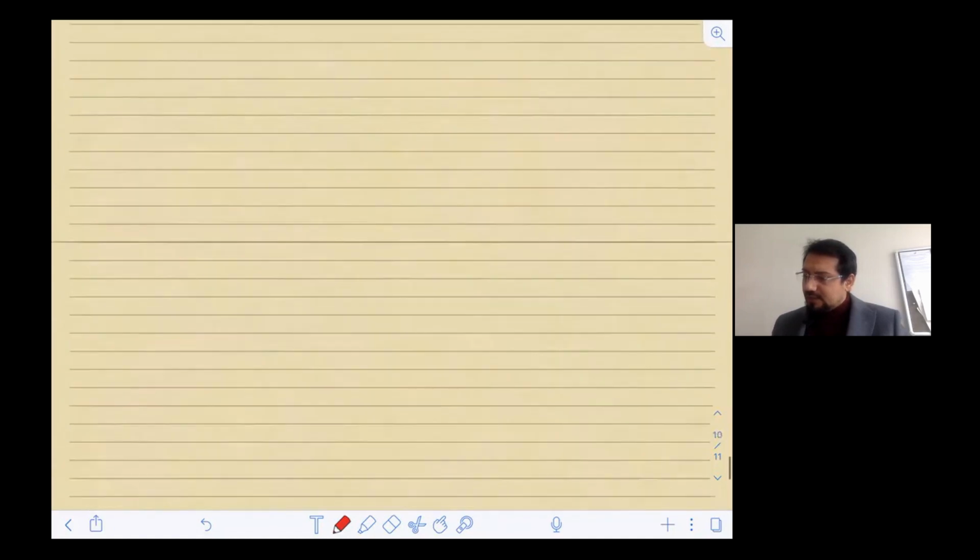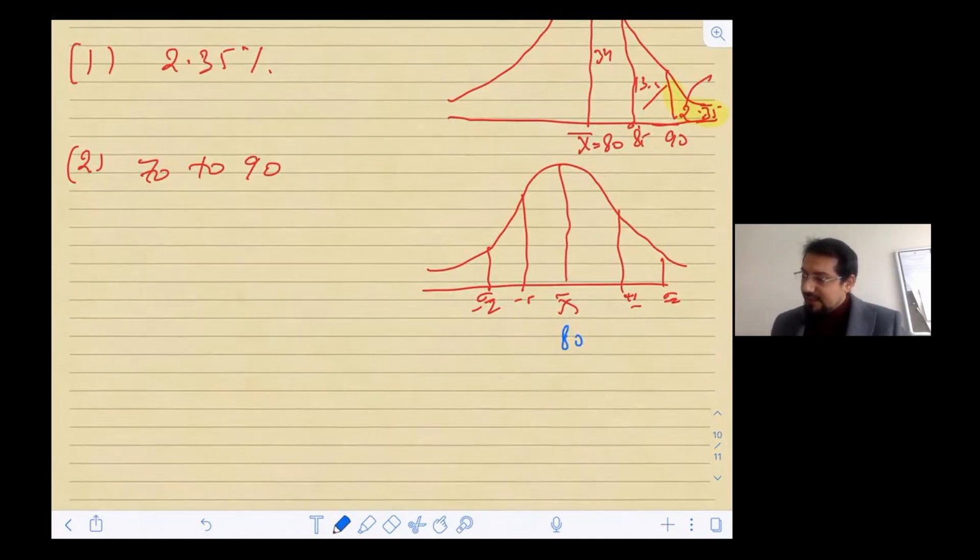So again, I'm going to draw this chart. 70, we know that here it is 75, so it means that less than 70 means here. Again, the same thing. If we talk about less than 70, we would say how much it is according to the empirical rule. This is 34%, this is 13.5%, and my third answer is again 2.35%.